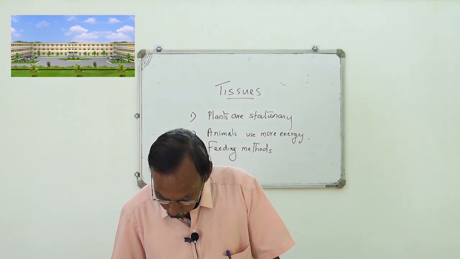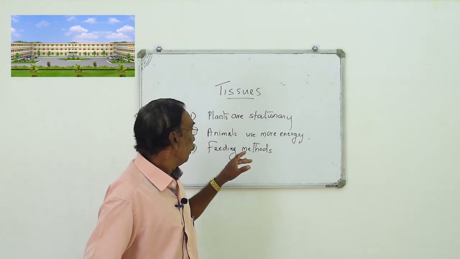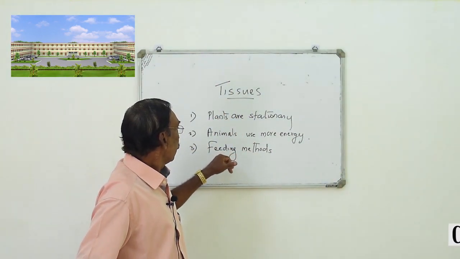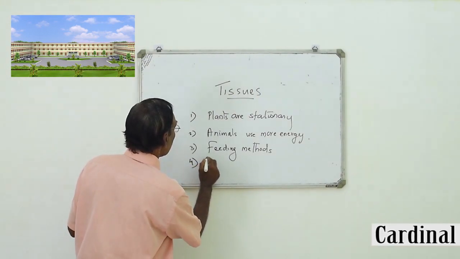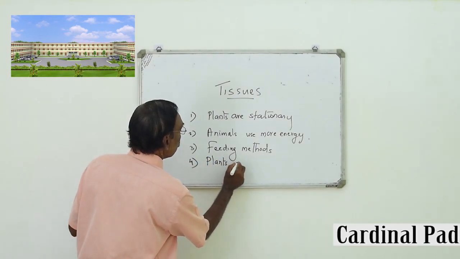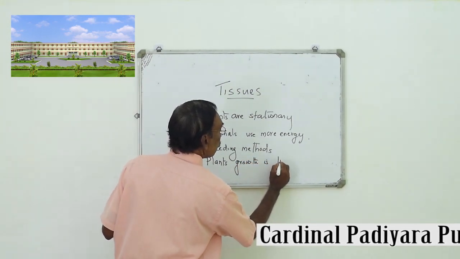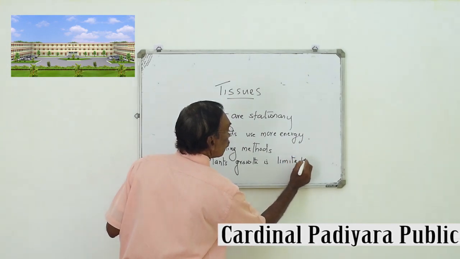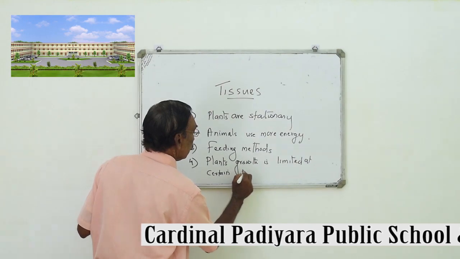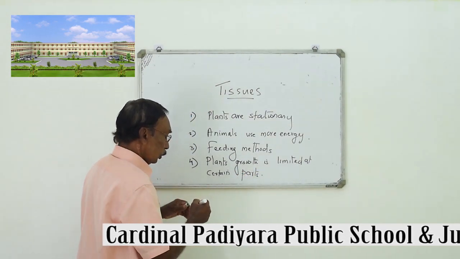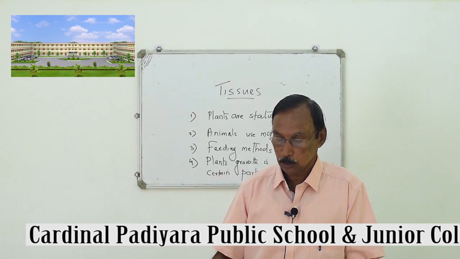And the third one, plant growth is limited only at certain points. Plant growth is limited only at a certain region, for example, root tip, stem tip, and so on.